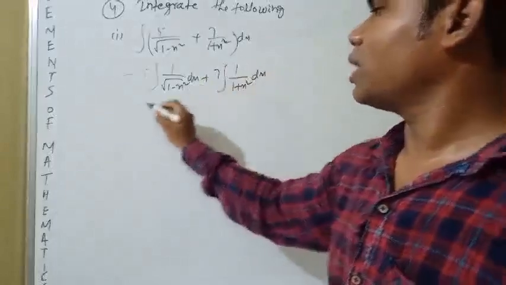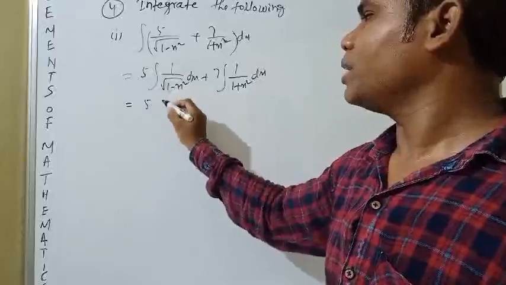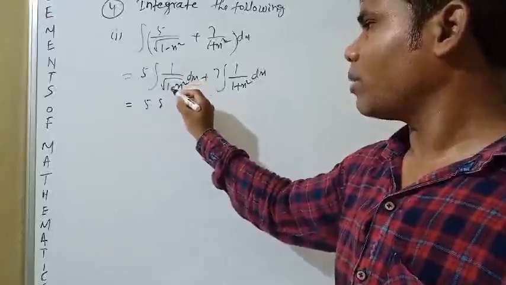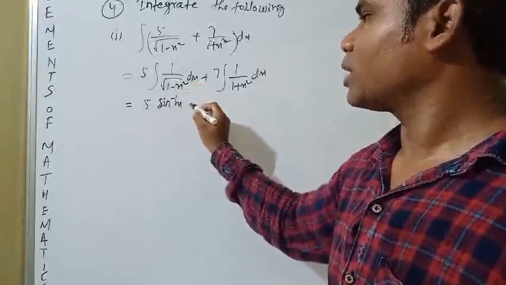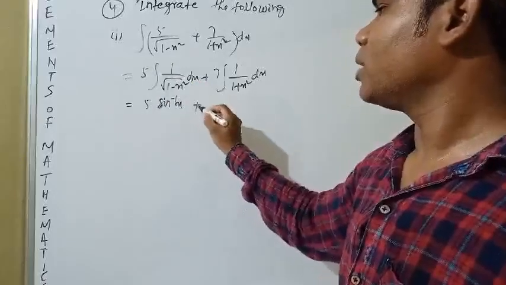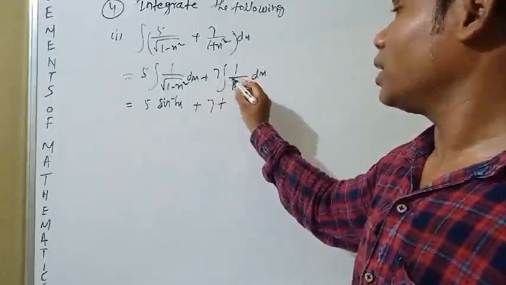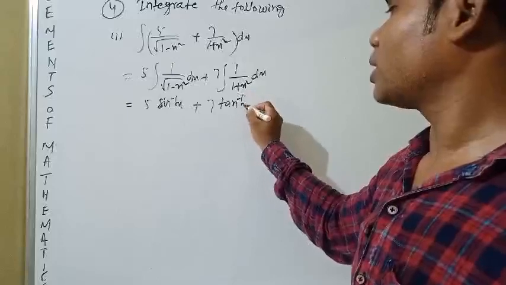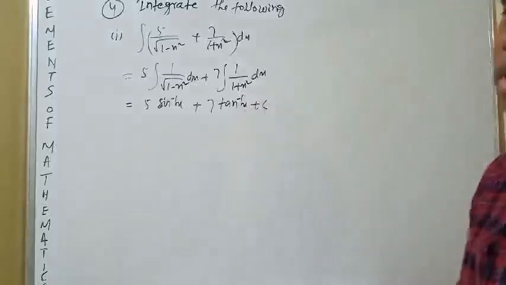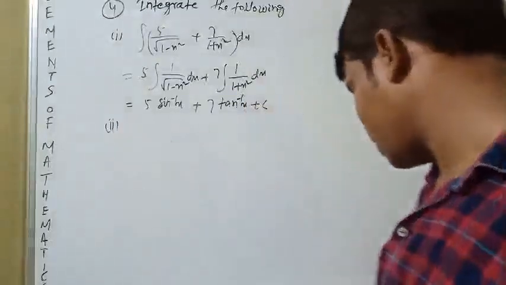There is a formula you know: integration of 1 by root over 1 minus x square is sine inverse x, and integration of 1 by 1 plus x square is tan inverse x plus c. Okay, you see, next question.